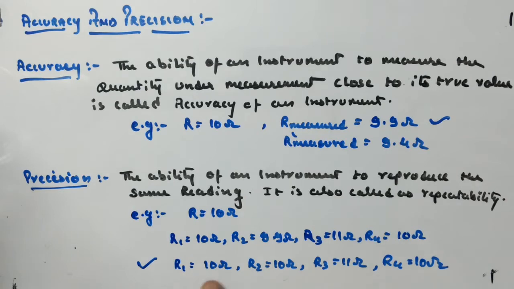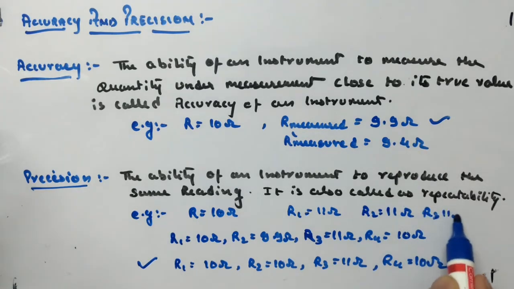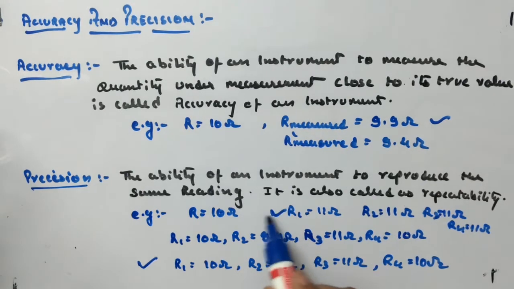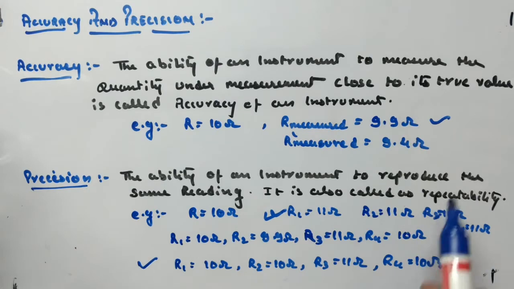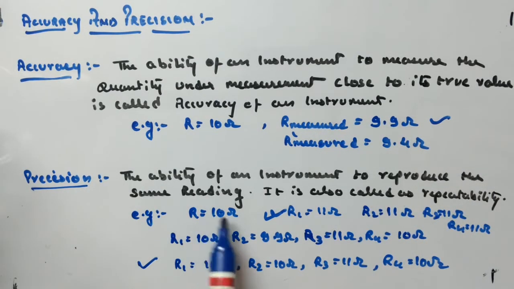So if you have a third instrument that is producing 11 ohm for R1, R2 11 ohm, R3 11 ohm, and R4 11 ohm, then this will have far better precision than this instrument, because it does not depend on how close it is measuring the value to the true value. It depends upon how many times it is producing the same reading.